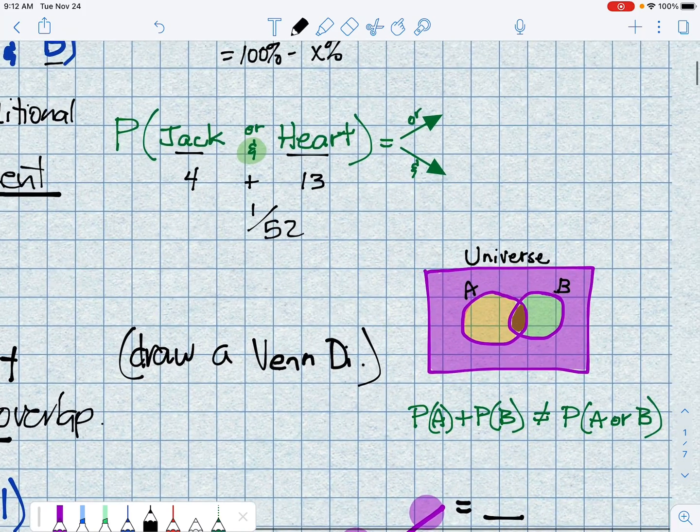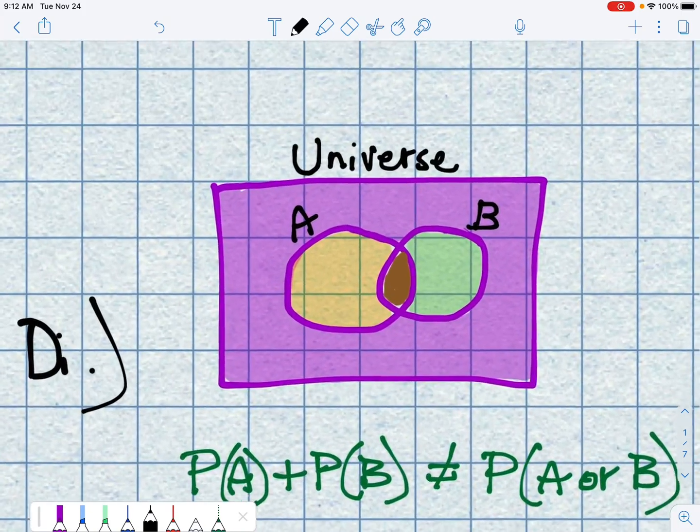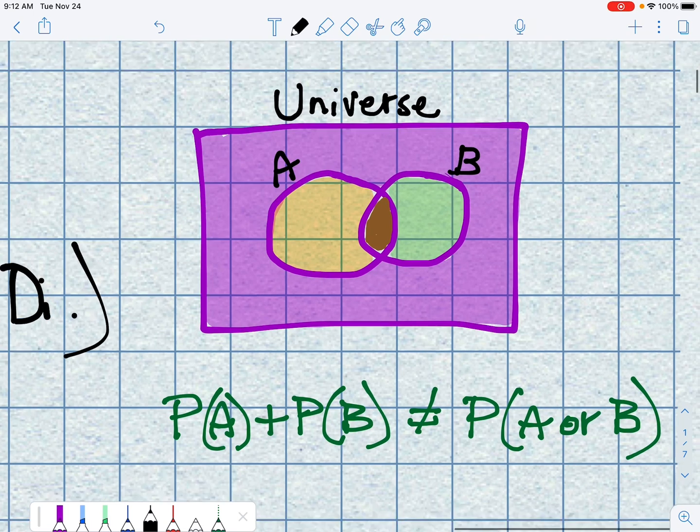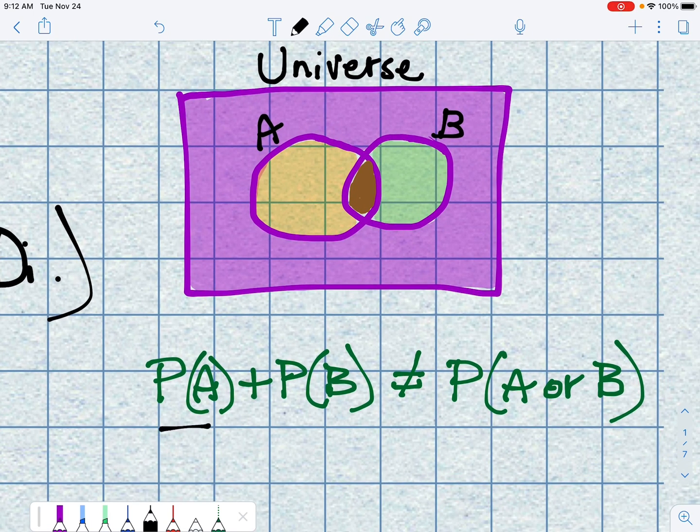In these types of problems, I would strongly recommend that you look at a Venn diagram. So here we have two events, A and B. Maybe A is you're looking good, and B is the days that important people show up. So in this case, the probability of A and B would be that little football shape, right? That's the overlap. All right.